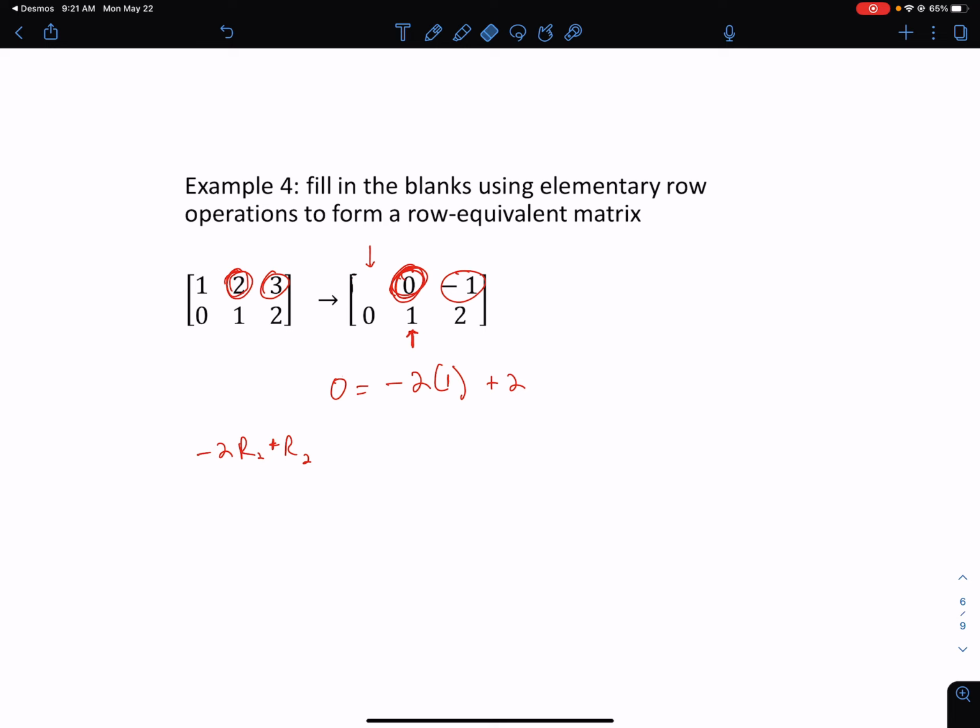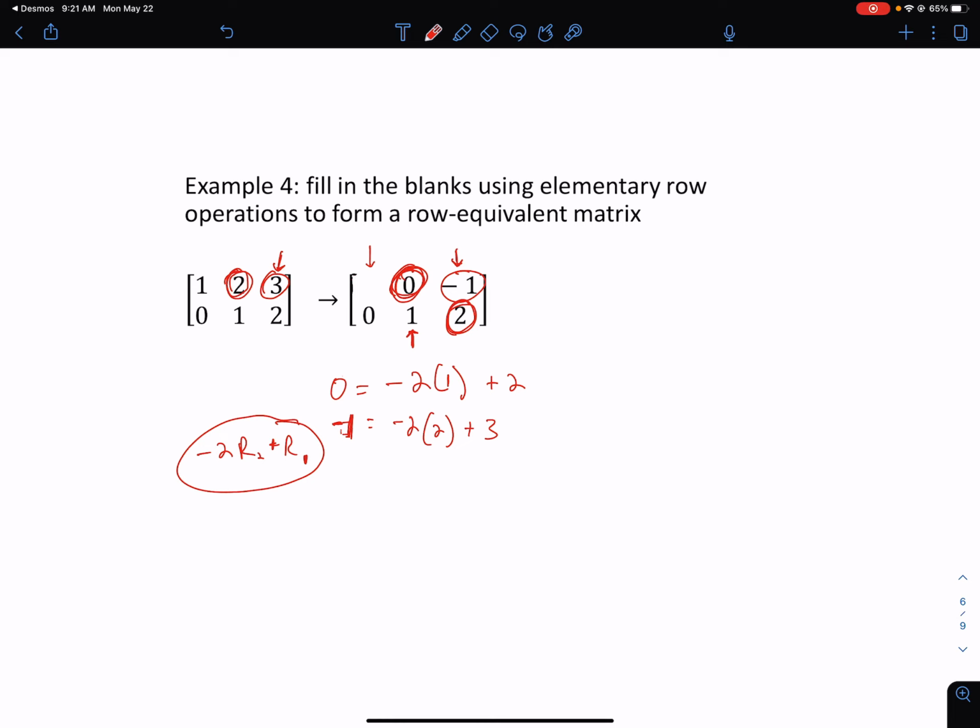Let me check here. I came up with this -1 by multiplying -2 times row 2, that's the 1 underneath it, the -2 there, and then I added to it the original row 1, which is 3. And that is how I came up with -1. So it looks like this is the operation.